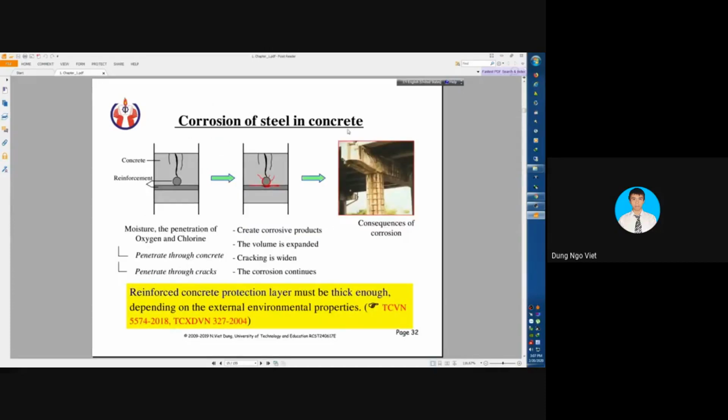Here is the corrosion of steel in concrete. Usually, the reinforcement will be put inside the concrete.